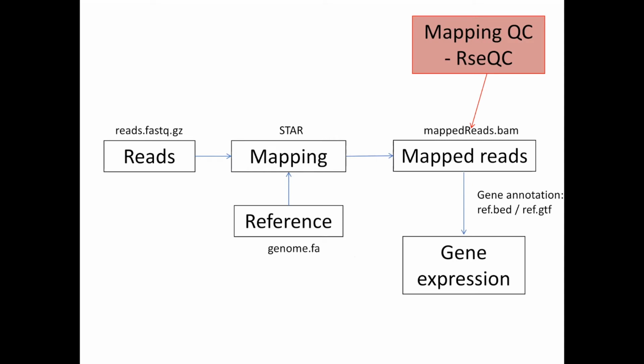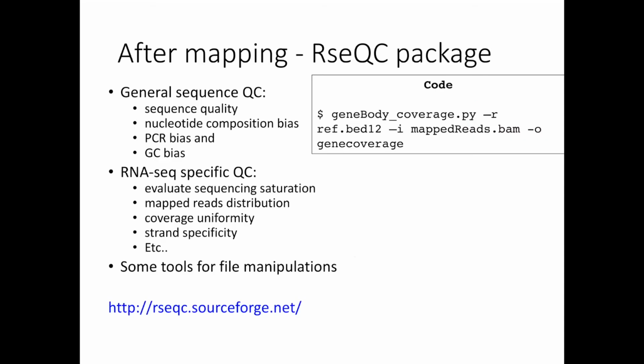Okay. But now let's say you actually manage to get all your reads mapped to a good location and the statistics look good. So then you want to know where they are located. And then you can use this package, which is called RSeQC. That program provides information that is very similar to the information that you get from FastQC, which are the ones up here.